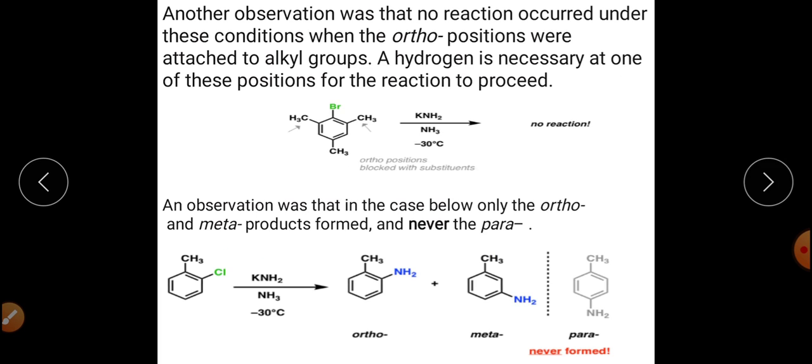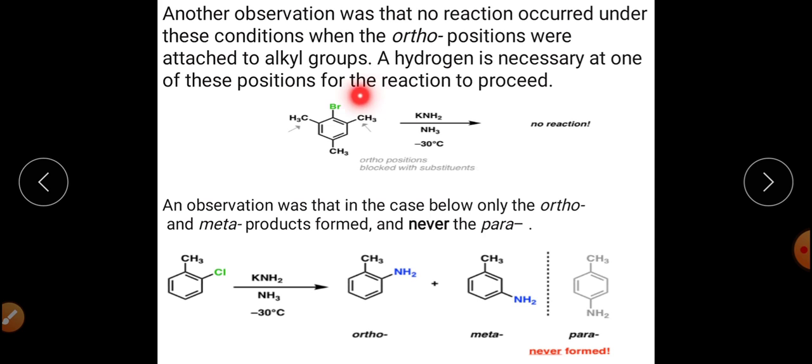So in this case, as there is no hydrogen, when this particular substrate is subjected to react with KNH2 in presence of liquid ammonia, there will be no reaction at all, because this particular substrate cannot form the benzyne intermediate, that cannot form the arine intermediate.